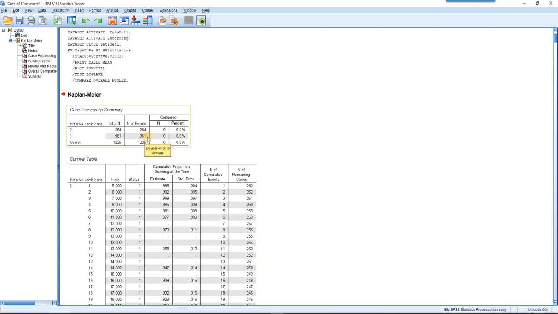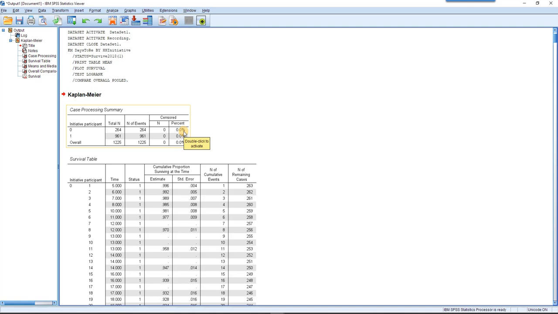All right, so the first table is the case processing summary. We have this in the majority of our SPSS output, but in this situation, one of the important pieces of information here is this censored percentage.